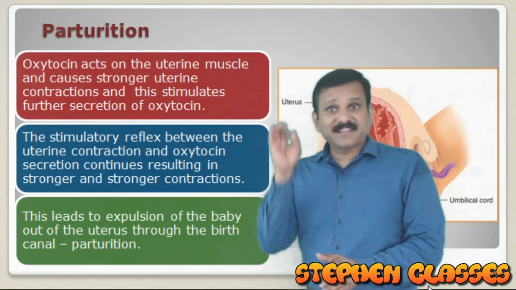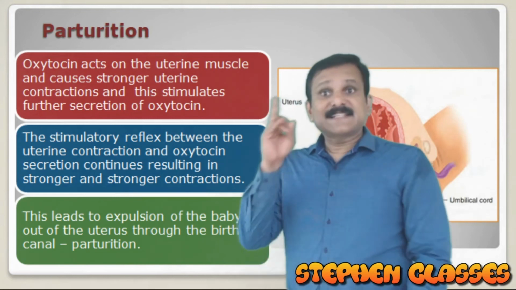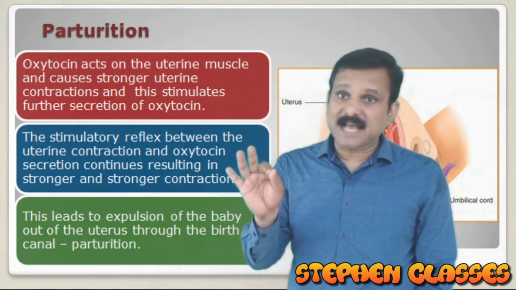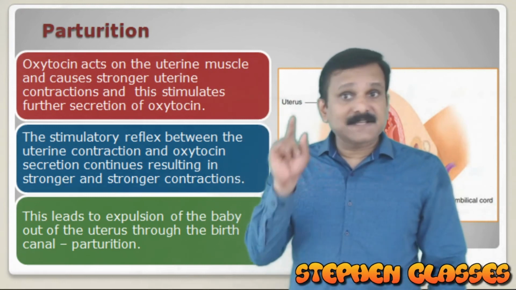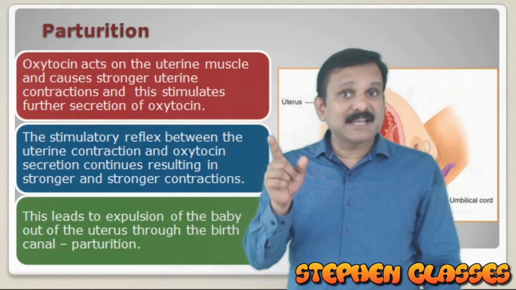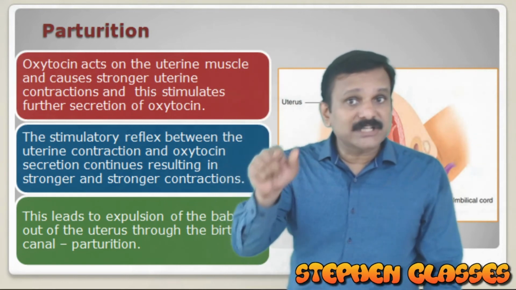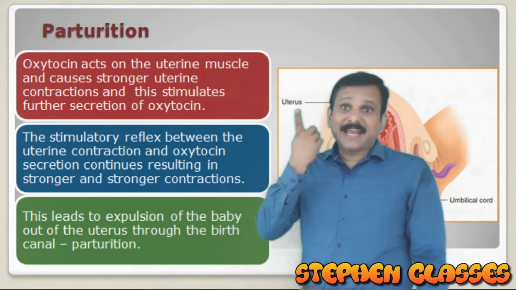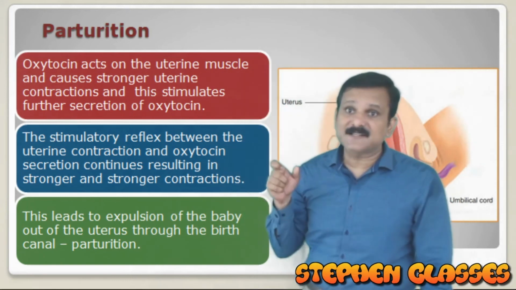Okay, so everything started with a signal coming out from a fully developed fetus and placenta. It released some factors that will be the signal for mild uterine contractions. And mild uterine contractions triggered the release of oxytocin.